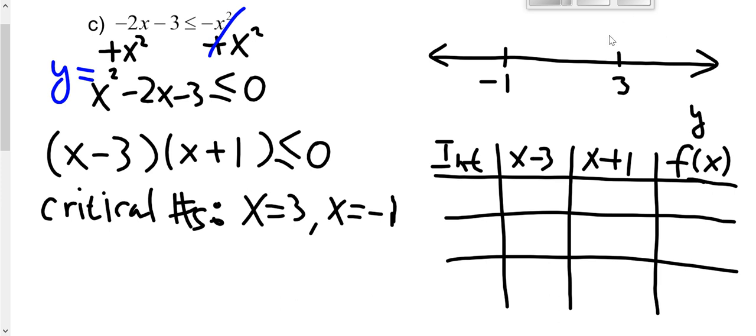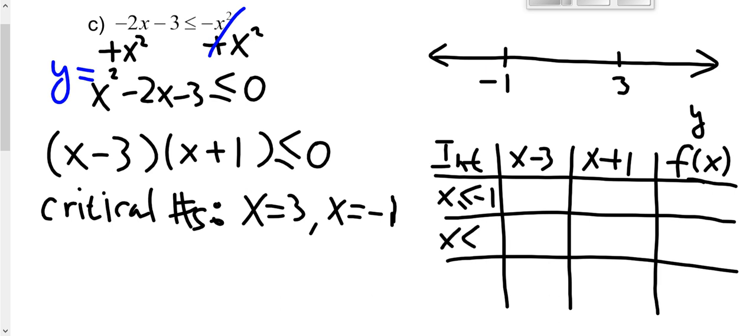Okay, and then we obviously have 3 regions to look at, 1, 2, and 3. So first region here, anything less than negative 1, including negative 1, because we have the equal sign. And then this region, anything between 3 and negative 1.